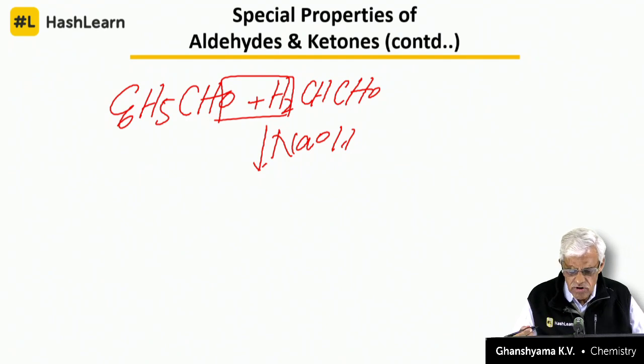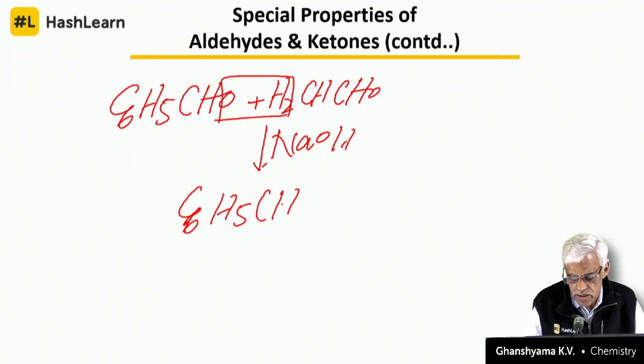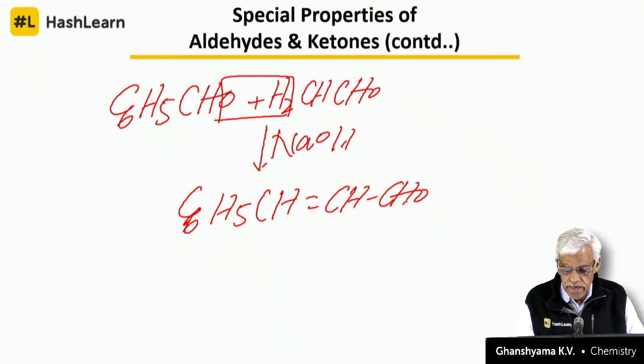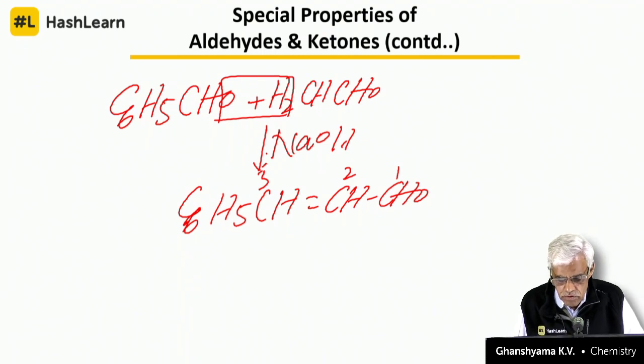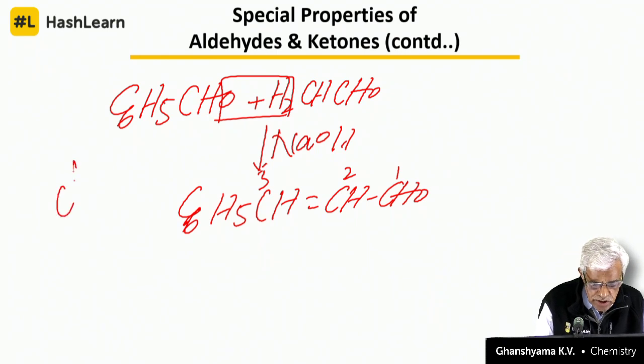This is all Aldol condensation. The reaction is just this. If you avoid the intermediate step, it gives cinnamaldehyde or 3-phenylpropenal.